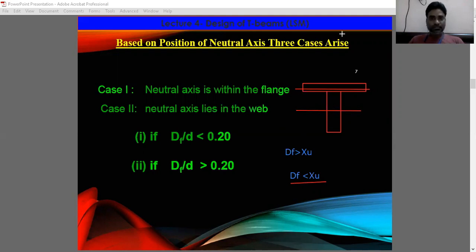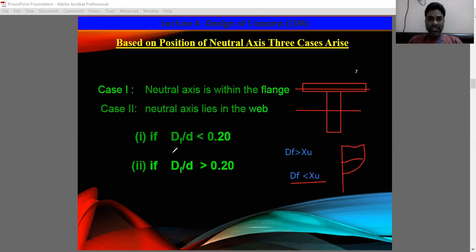Again, if the neutral axis is within the web, it is further classified into two types. That is, if Df by d is less than 0.2 and if Df by d is greater than 0.2. It depends upon the stress diagram, because as we discussed in our singly reinforced beam, the distribution of compressive stress is the combination of a rectangle up to here and a parabola.